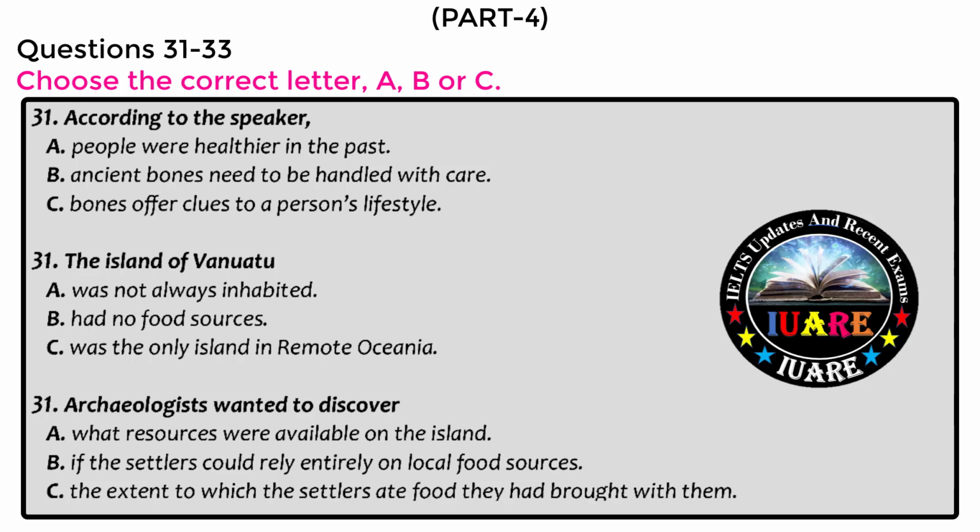One such group were the Lapita people, who were early settlers of remote Oceania, several islands in the Pacific. When the Lapita set sail for the island Vanuatu, they brought with them domestic animals and crop plants. This allowed them to settle in an area where no humans had previously lived and that had limited natural resources.